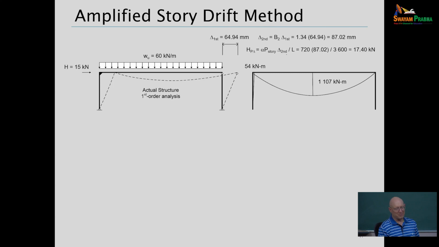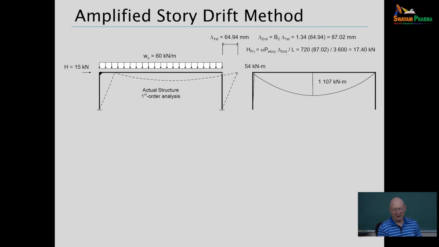What am I going to do? I run my first order analysis on the frame, ordinary first order analysis, nothing fancy. Just analyze the frame. I get my drift. So my first order drift in this frame is 64.94 millimeters.